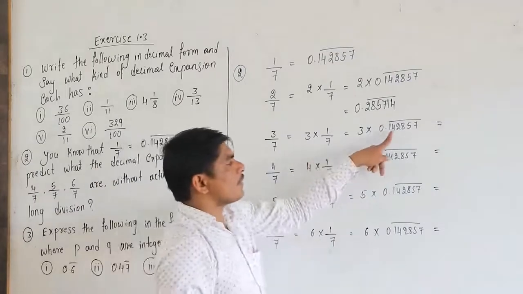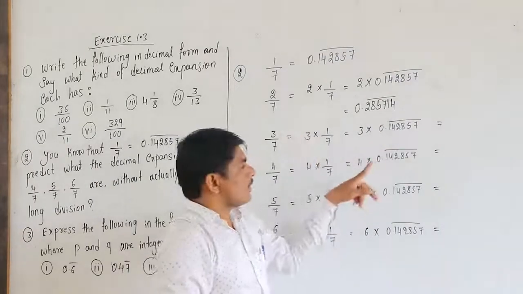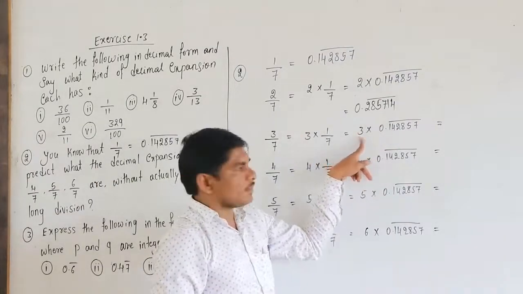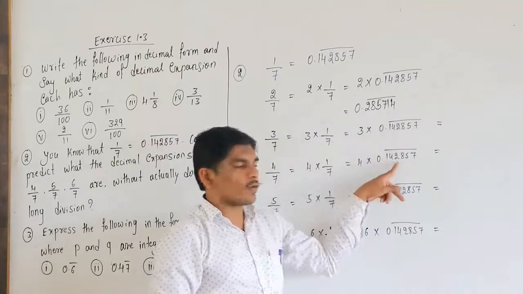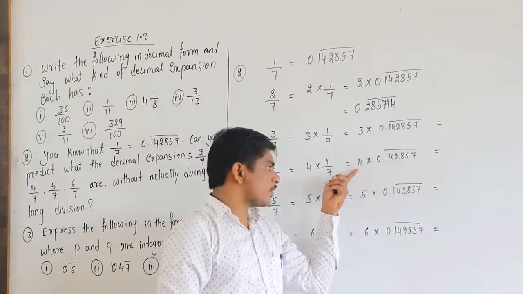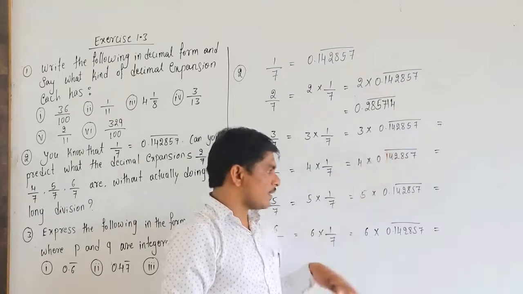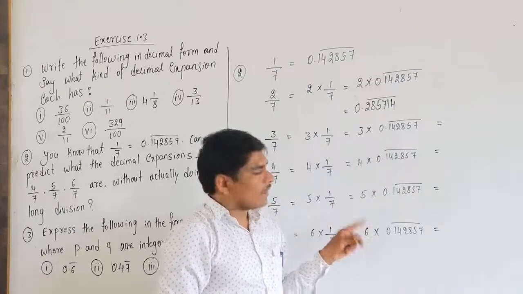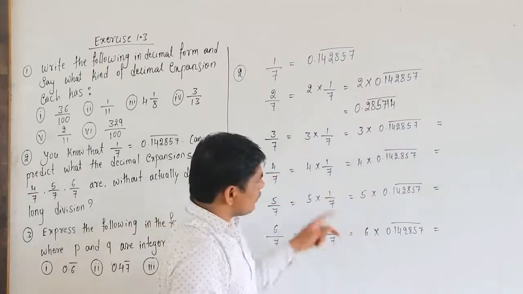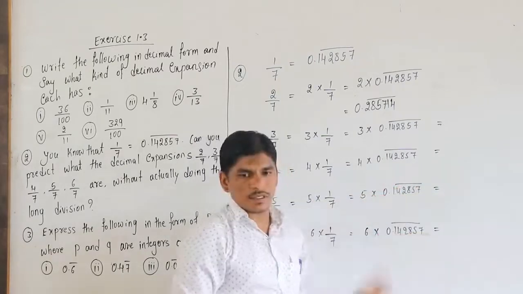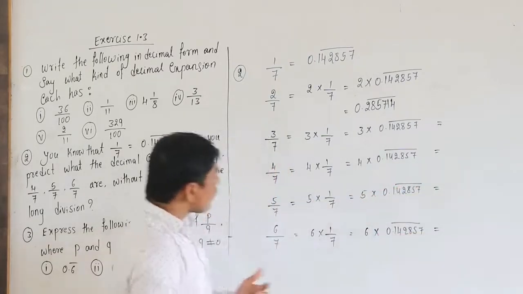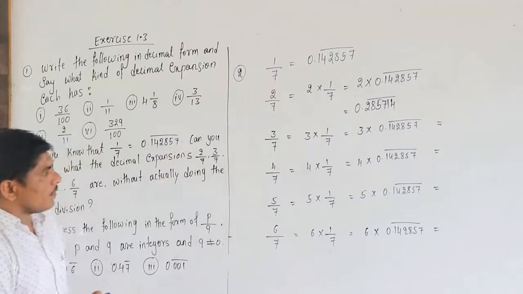Now this is a very simple problem. Directly you multiply 142857 by 3, you get the result. Again 142857, you multiply by 4, you get the result. Simple multiplication. Then afterwards you take a bar, and you get the result. Now this is very clear.